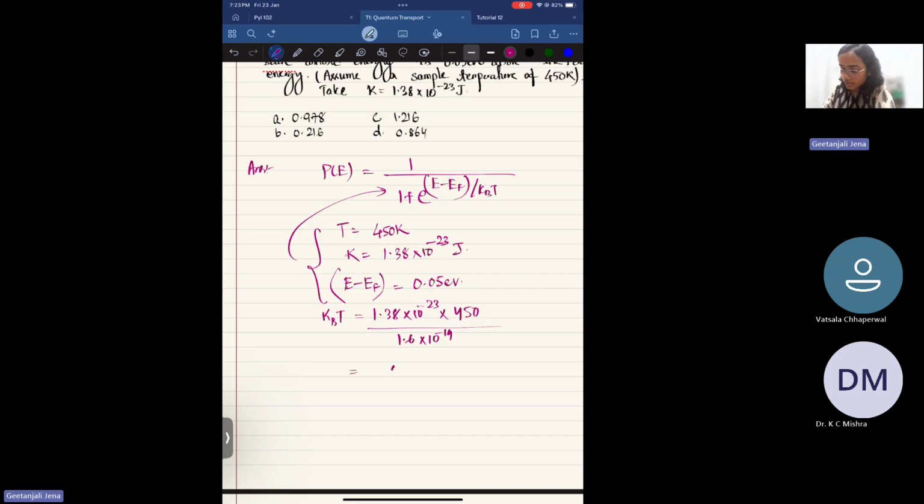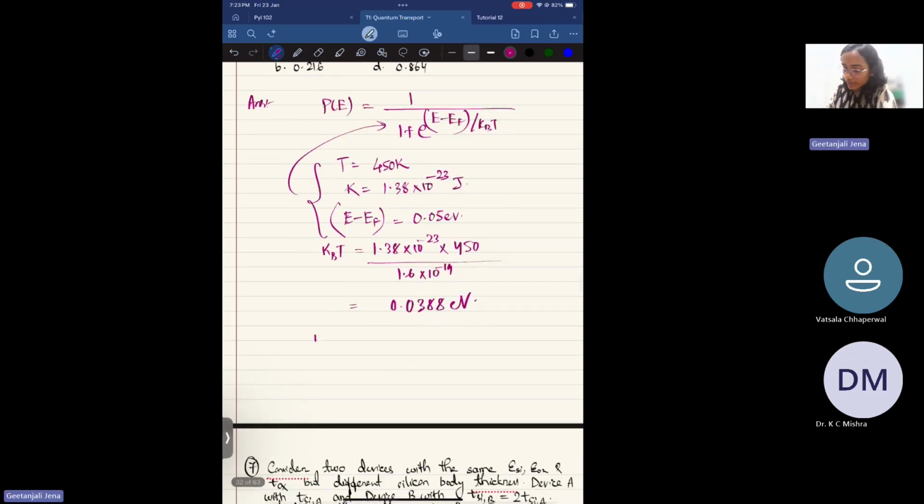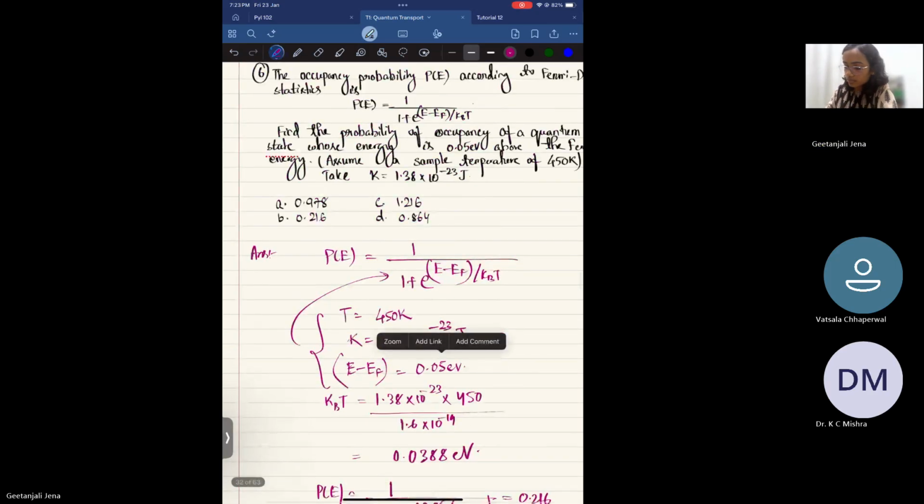This will come out as 0.0388. That means P of E is 1 by 1 plus e to the power 0.05 by 0.0388. This will be 0.216, which is option B.